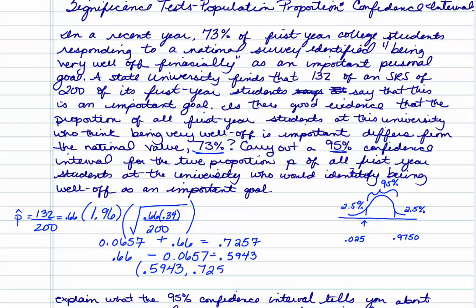Now when you look at this compared to up here, 73% of first-year college students in a national survey, that's not even within this range here.